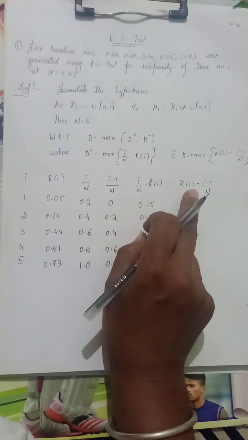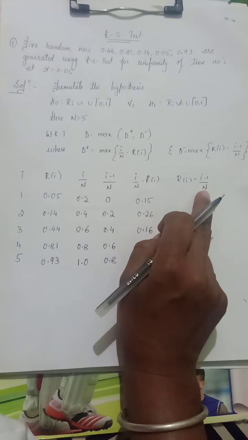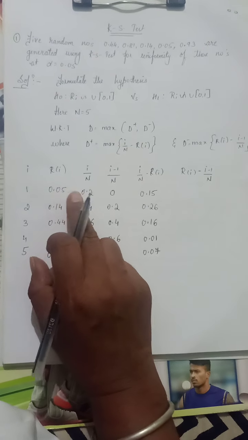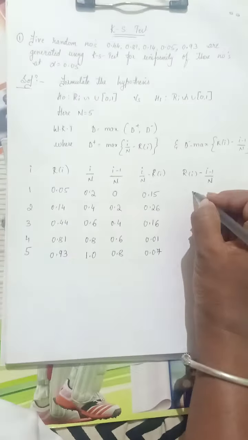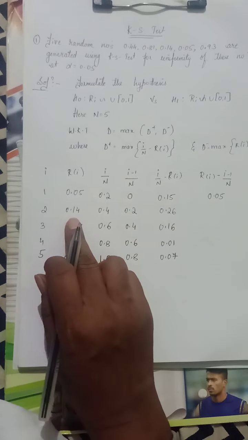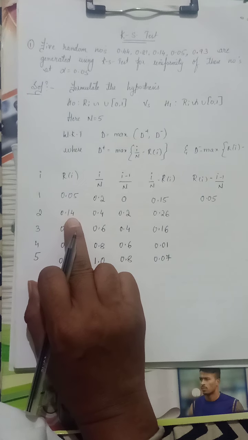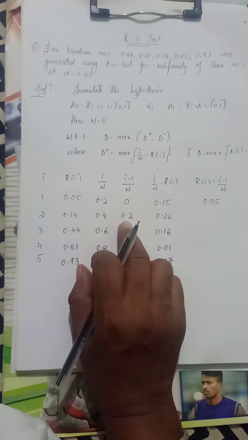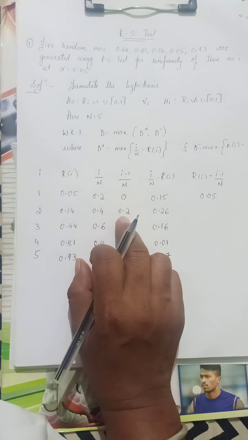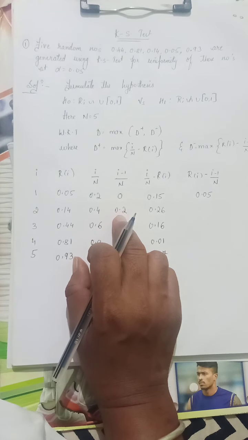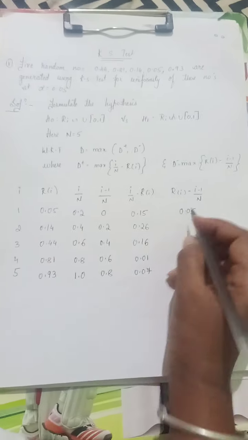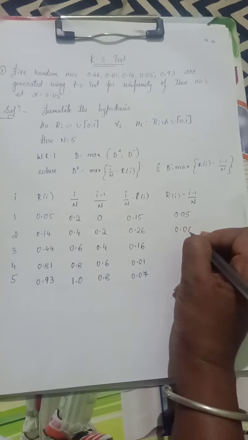The same thing will be followed for R of i minus (i minus 1) by n. Already we have found (i minus 1) by n, that is this one. So what is the R of i value? 0.05 minus 0 will be 0.05. The next, R of i is 0.14 minus 0.2, that is 0.06 in magnitude.